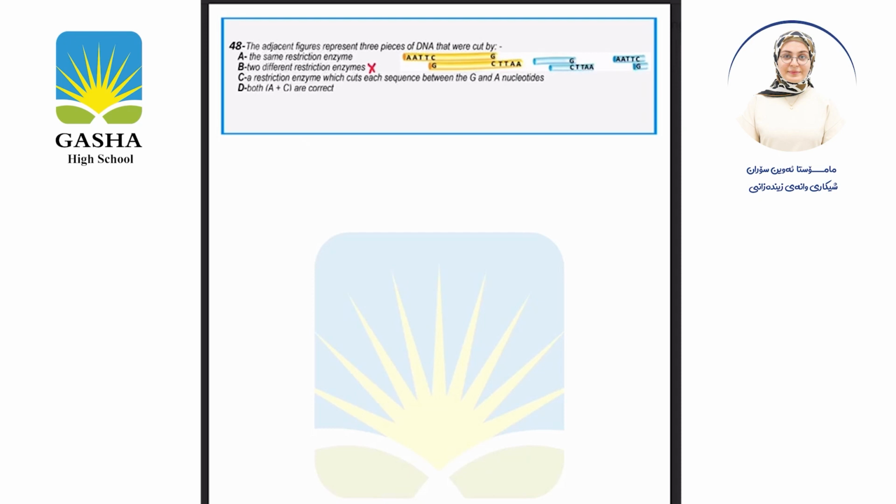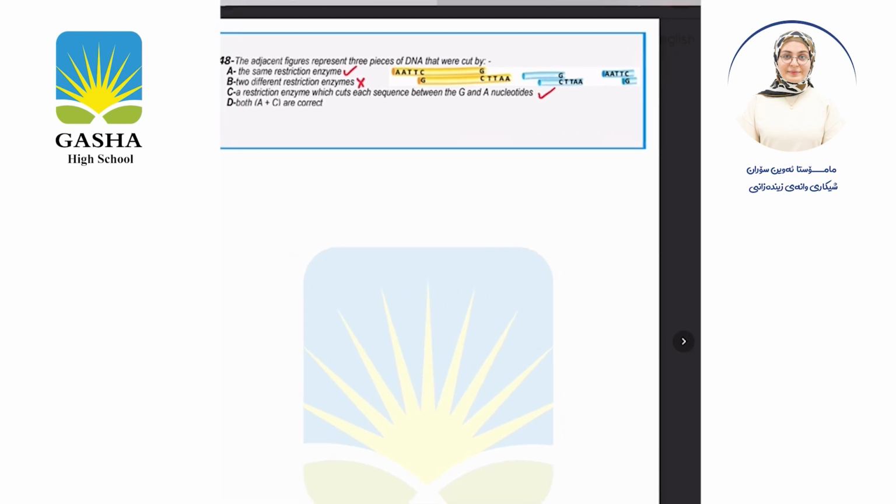C, a restriction enzyme which cuts each sequence between the G and A, yes, it's true, because it's the same restriction enzyme. So D is true, which says both A and C are correct. So the answer for question 48 is D.